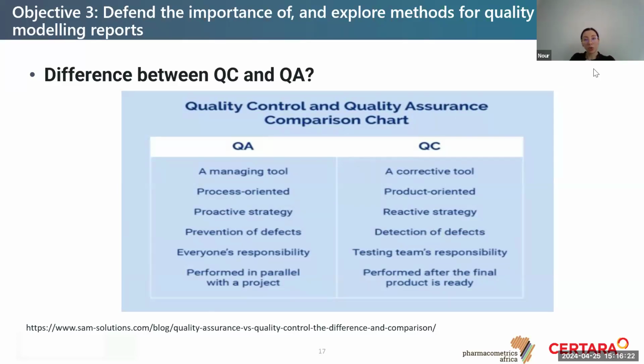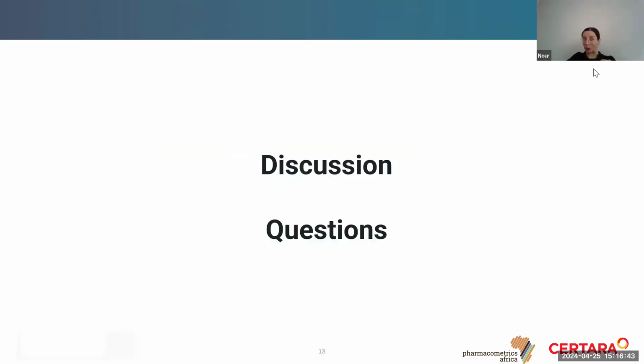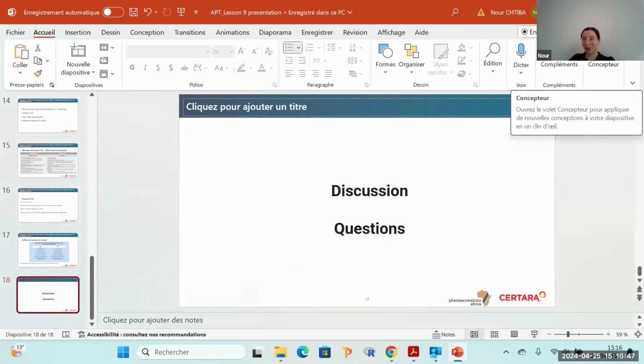However, quality control is product-oriented, a reactive strategy that enables detection of defects, is the testing team's responsibility, and is performed after the final product is ready. So that's all for me, and it's for you, Venki and Rohan.